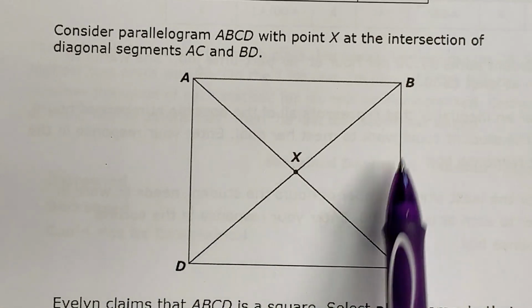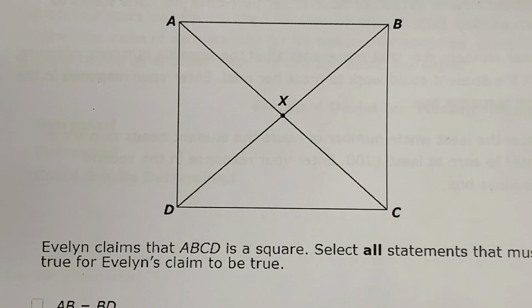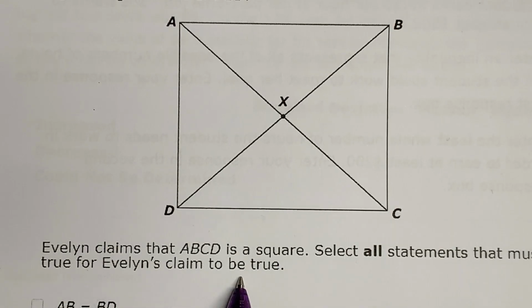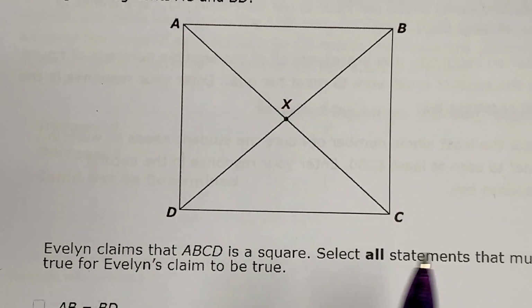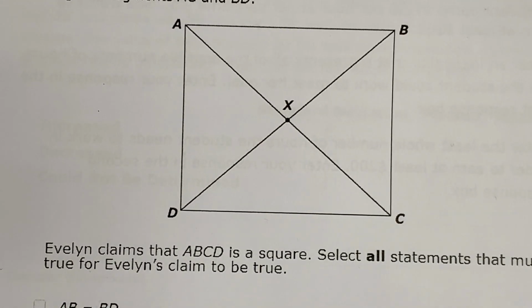So these are the intersection of this parallelogram. Now here's the second sentence. It says, Evelyn claims that ABCD is a square. Select all statements that must be true for Evelyn's claim to be true. So Evelyn is claiming that this is a square, and we have to select all statements which are true.